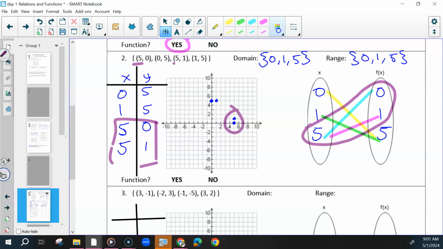Because this x value has 2 different y values, this is not a function. Do you have any questions on how we determine if something is or is not a function based on the graph, the table, the mapping, or the ordered pairs?